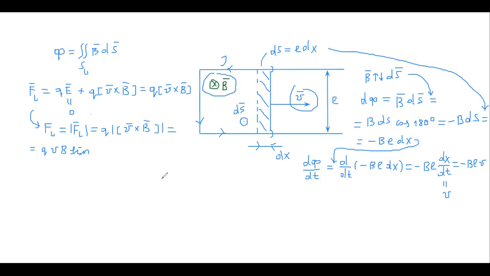It means that the angle between vectors V and B is equal to 90 degrees, and the sine of 90 degrees is equal to 1. So this is equal to Q V B.